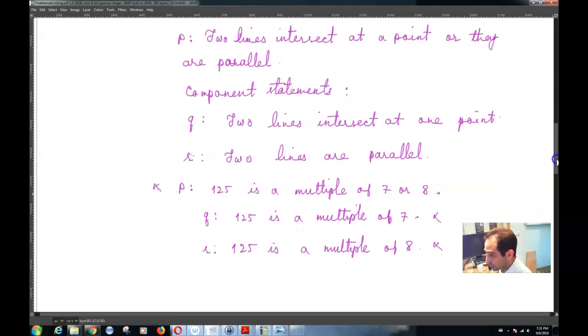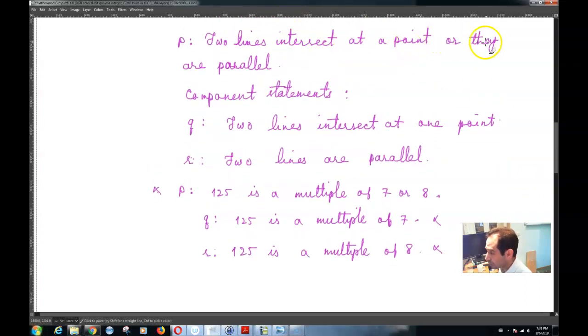For example, when we say that two lines intersect at a point or they are parallel, in this particular case, if Q is true, then R is going to be inevitably false. If R is true, Q is going to be inevitably false. That is just only this situation here.